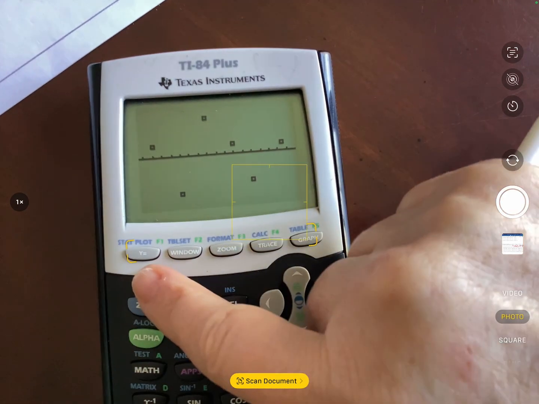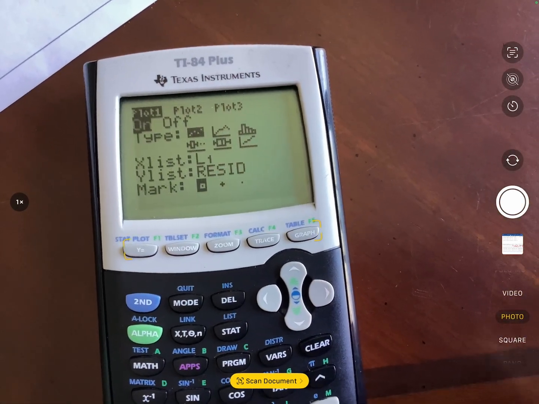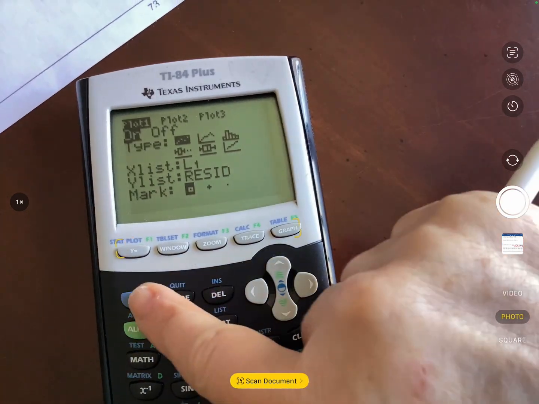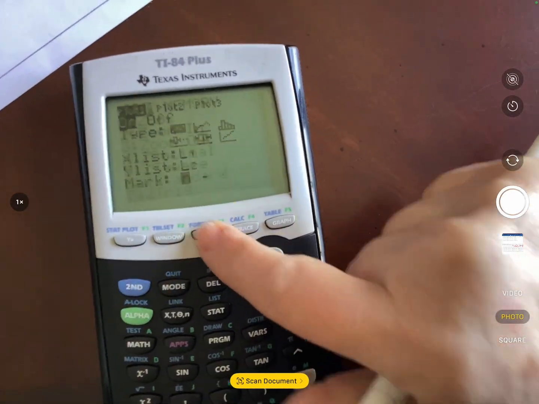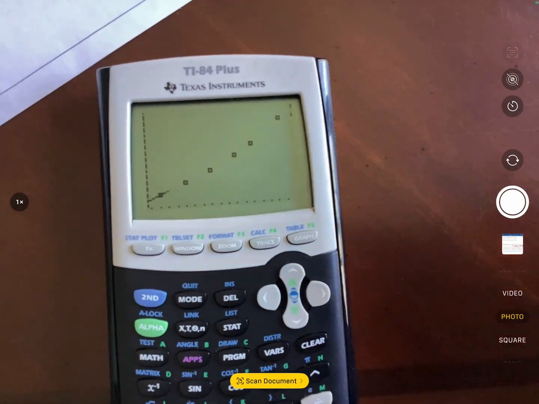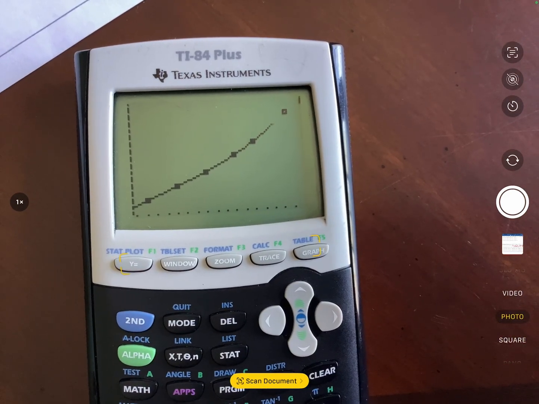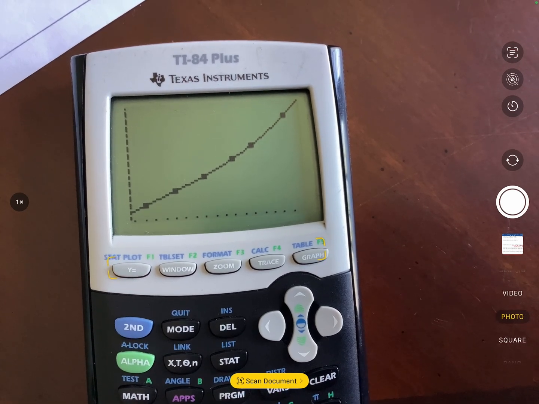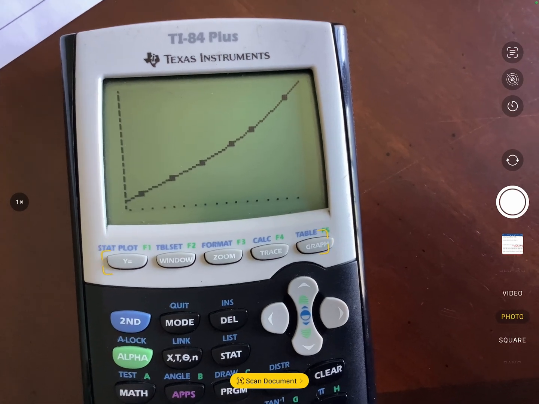Now let's see what it looks like going through the points. So back to L2 and then zoom 9. So this one looks like it's fitting even better. Look at how that turned and went right through every single point. So to me, it looks like cubic is a little bit better.